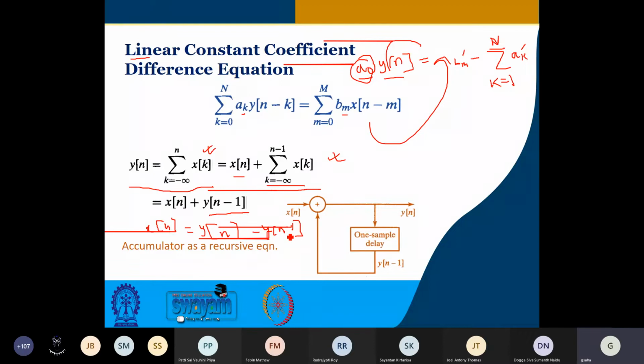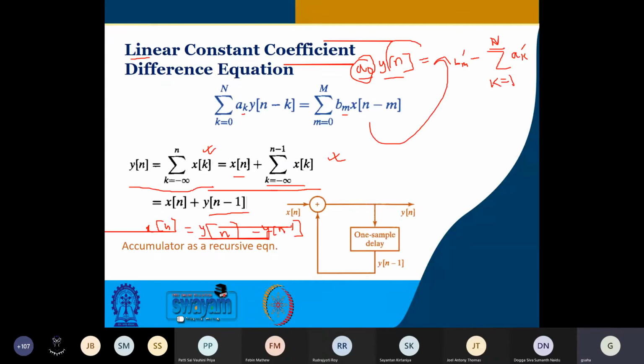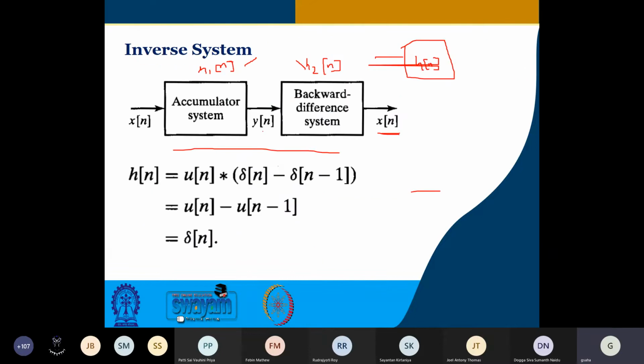Now if you go back and write one after another, like this accumulator system that you see here, can you just substitute and see that you will get back this x[n], knowing that the accumulator can be written in this manner? Do you get my question, all of you?